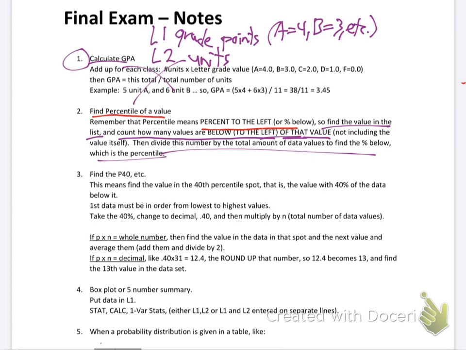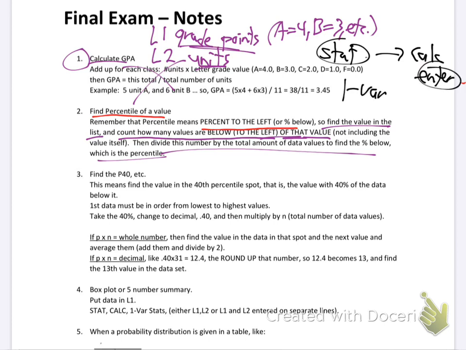So basically what you do is, like I said, you put L1 the grade points, L2 the units, and then at the very end, you go second, or where do you go? Stat, yeah, stat, and then calc. So you hit stat, go over to calc, hit enter, and when one var pops up, here's the new part.